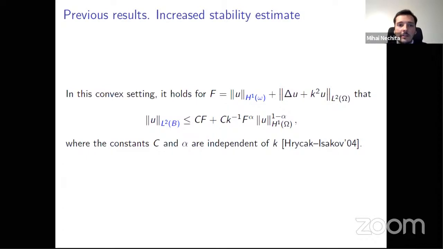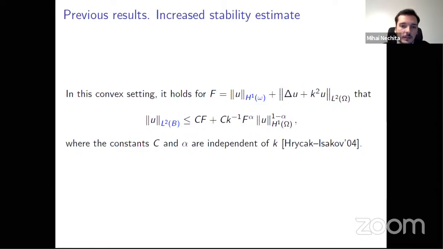And for this, there are also previous results, many of them. I would just mention maybe one of the early ones by Khrushchev and Isakov, in which they have proven this conditional stability estimate. So here we have the norm for the data again is a stronger one.